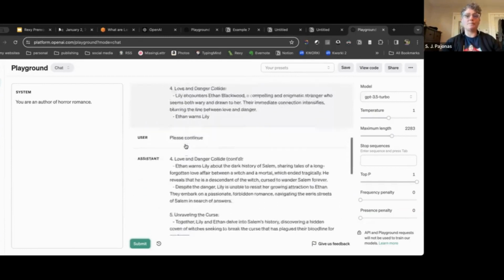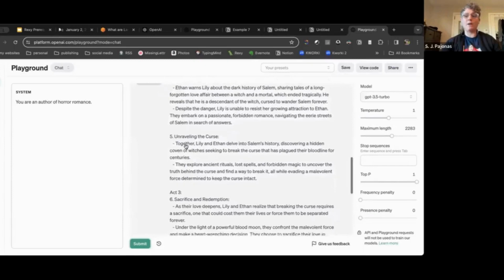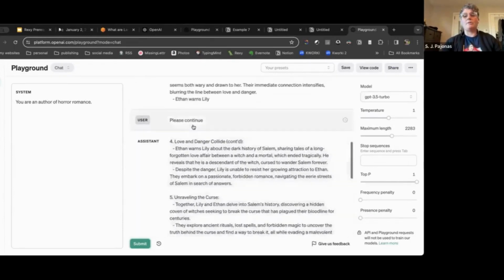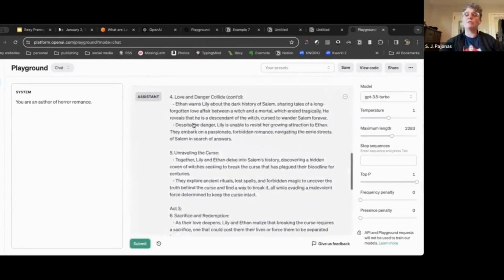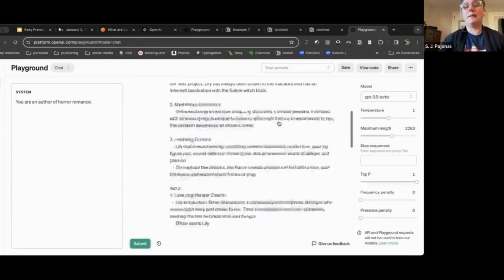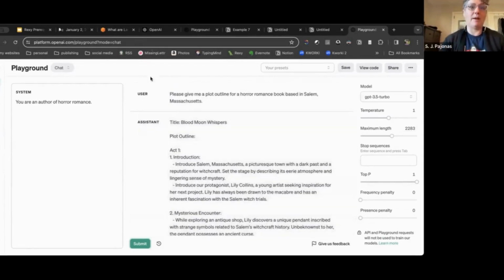Act 2 picks up where that left off, and we get they unravel a curse together. Danger collides, and unraveling a curse together, sacrifice and redemption. Okay, so nothing too out there, right?